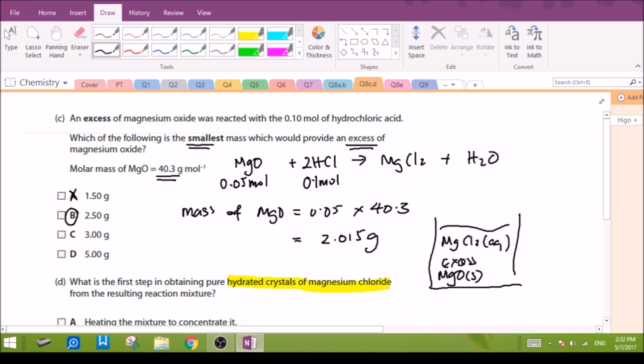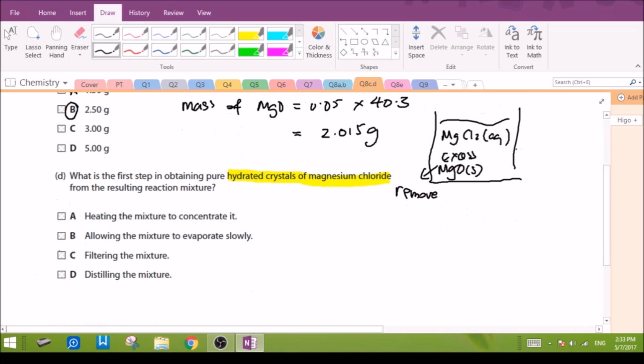So before we can crystallize out the salt, we will need to remove the excess magnesium oxide. And how do we remove solid particles from a solution? We will need to filter the mixture. Once we filter the mixture using a filter paper and funnel, we will have the solution of magnesium chloride, and then we can carry on doing our crystallization procedures.